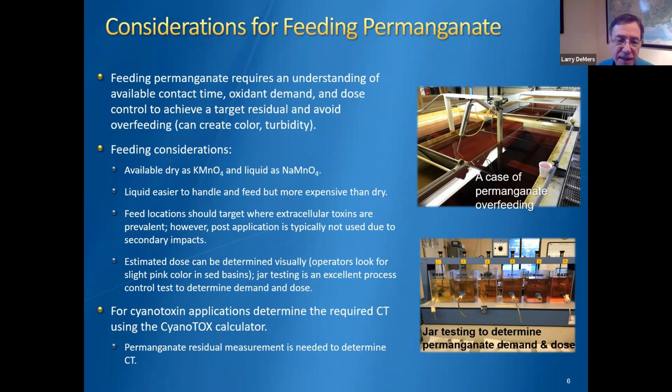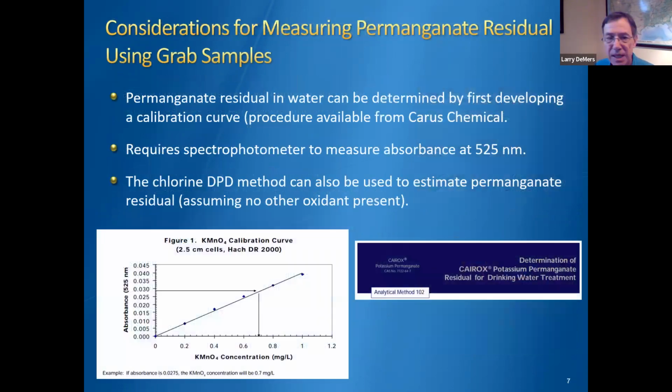For cyanotoxin applications, determining the required CT, you use basically that spreadsheet that we're going to be using in the workshop. But just like when we apply CT to chlorine, it does require us to be able to measure the permanganate residual in the water to determine a CT. So there are a couple of different approaches.